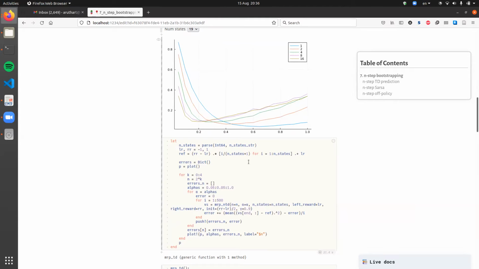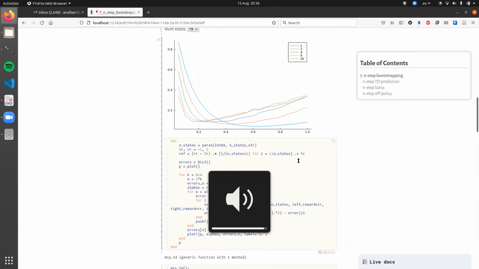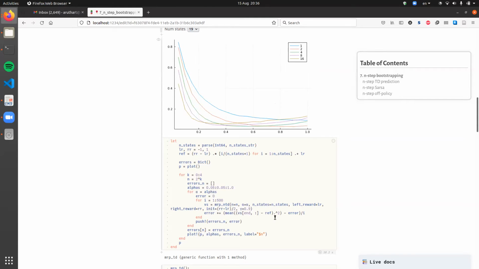Here you have a fixed discount factor of 0.9. Okay, and it looks like everything is kind of smoothed out, and with gamma, the discount factor of 0.9, we can see that we can use a higher alpha, right?